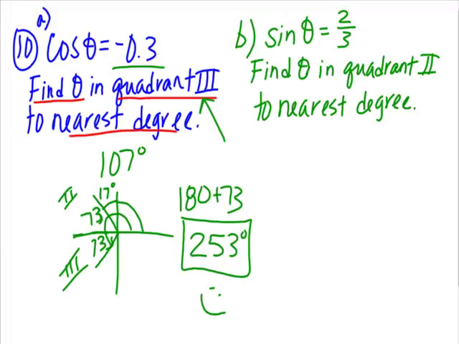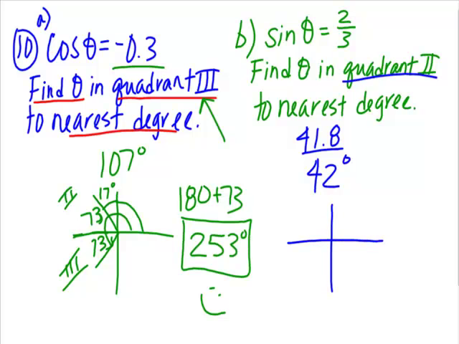And it doesn't hurt to make a point of actually writing, oh, it was 41.8. Because then if somehow you do some kind of crazy rounding, the person grading, me in this case, can realize, oh, they had the right thing, they just did some kind of crazy rounding. So quadrant 2 though is where I'm supposed to be.